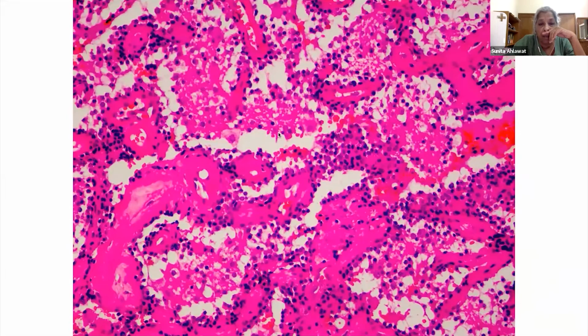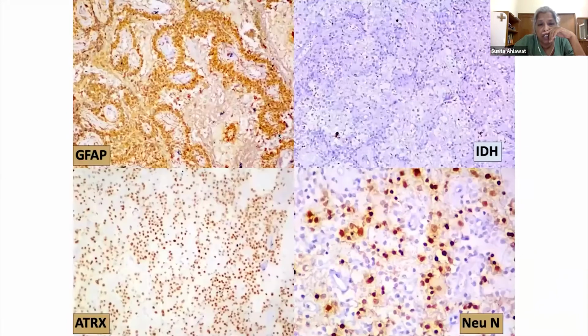So a papillary configuration, which on IHC is IDH negative, GFAP positive, more on the cells around these blood vessels. ATRX is retained, and the cells intervening, the cells in these areas, are NeuN positive.